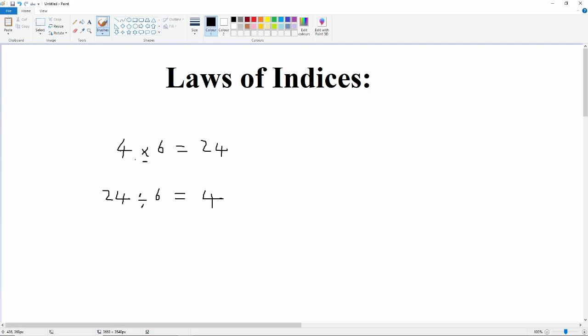And if we wanted to know what number you need 4 lots of, you could also say 24 divided by 4 is equal to 6. So division's like the opposite of multiplication.